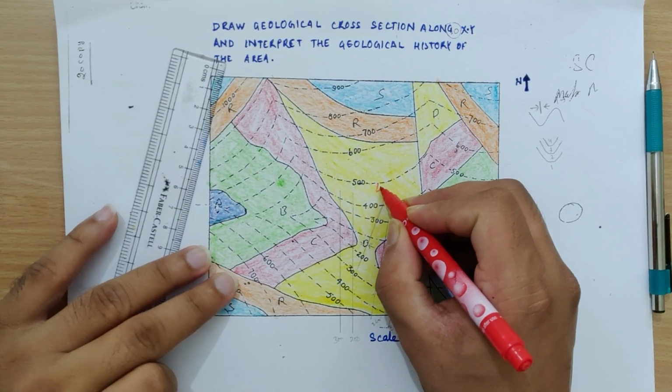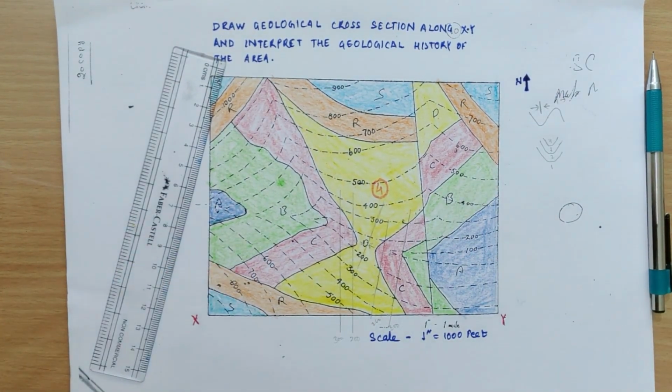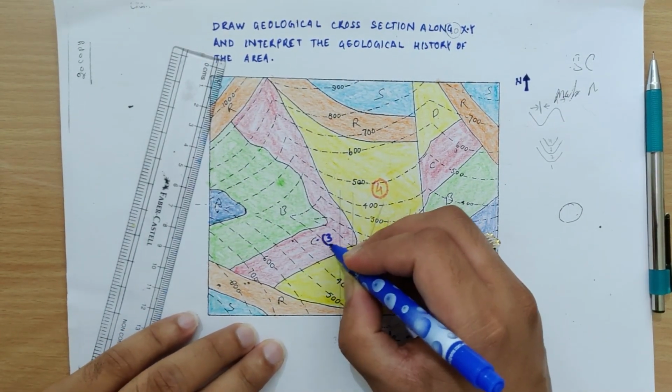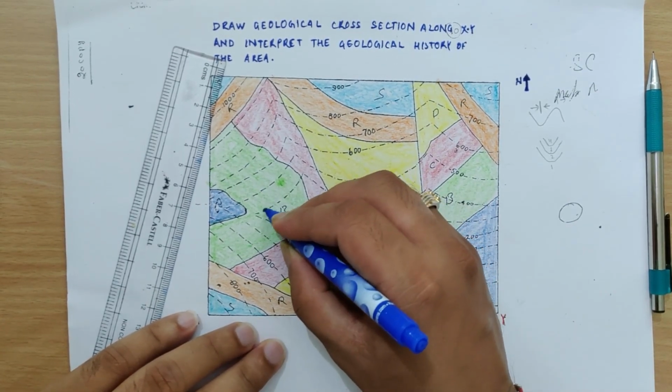So here bed D is in fact the youngest bed of the older sequence, and it is bed number 4. Then C will obviously be bed number 3, and B will be bed number 2.